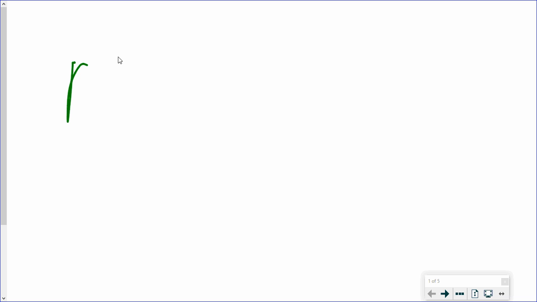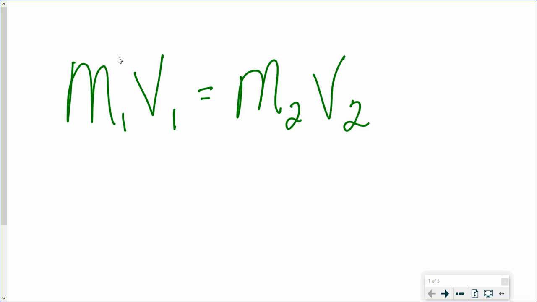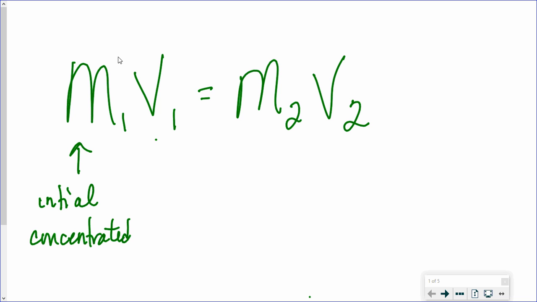So remember that we have M1V1 equals M2V2. You could call M1 the initial, you could call it the concentrated, but that's the concentration. This is how much V1 you're using.